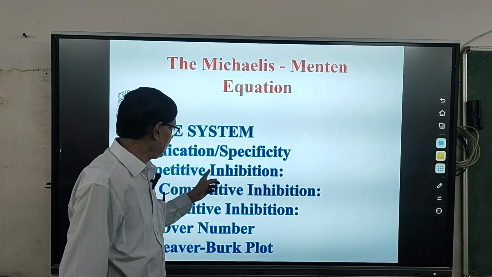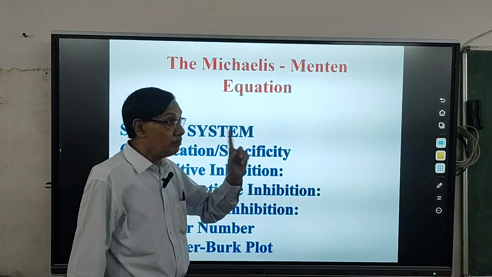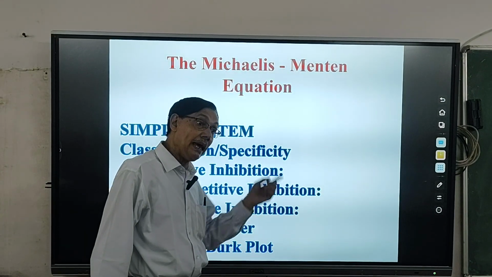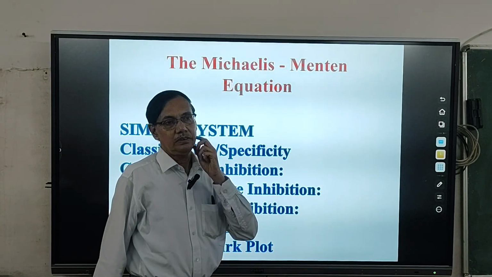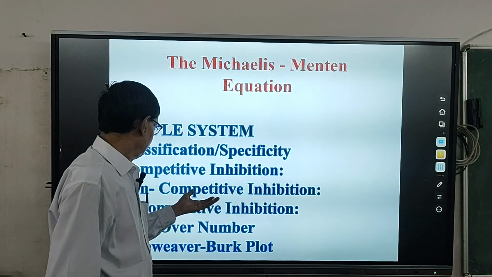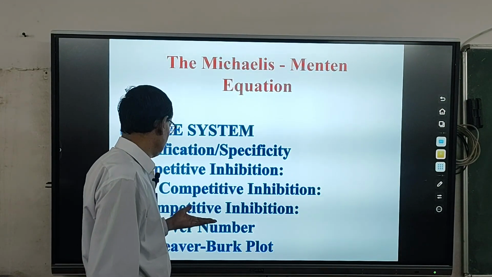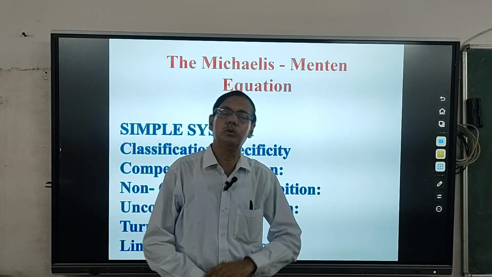So if it is competitive inhibition, there is a competition between the substrate and inhibitors for that active site. But there are some different types, called non-competitive inhibition, or sometimes uncompetitive inhibition, and mixed inhibition is also there.